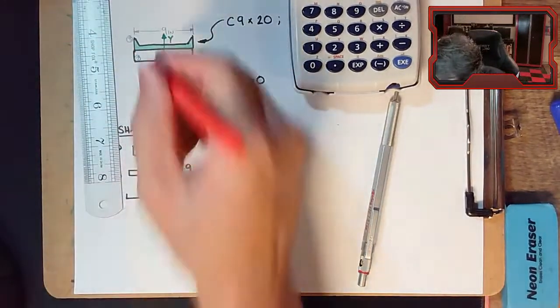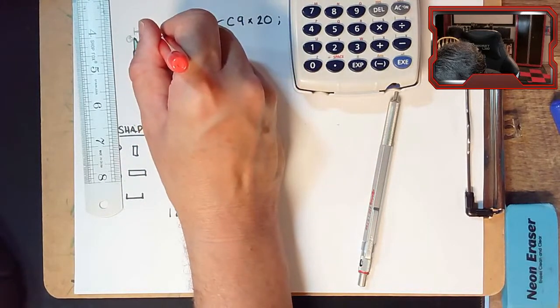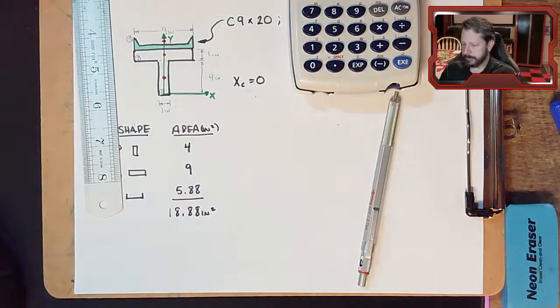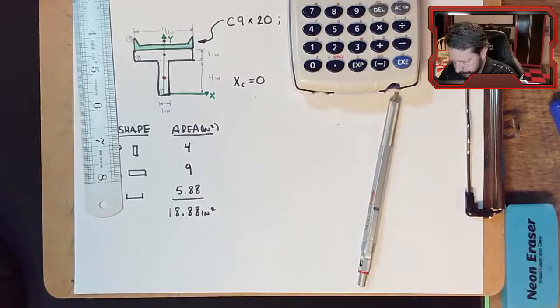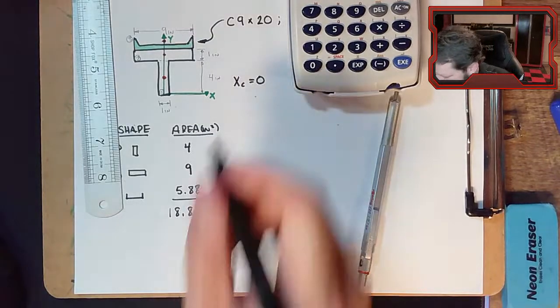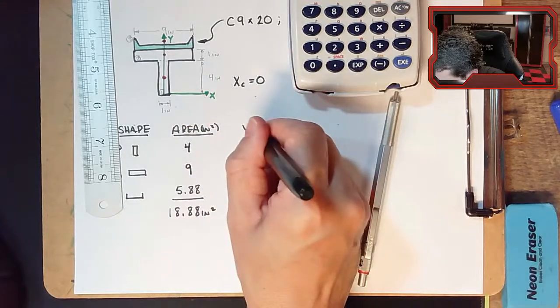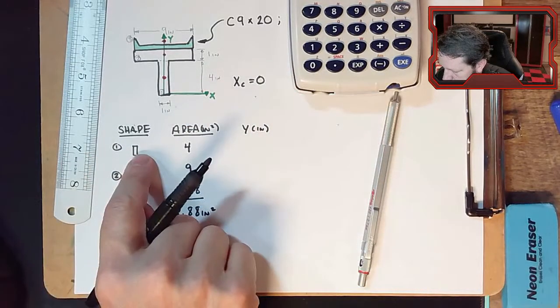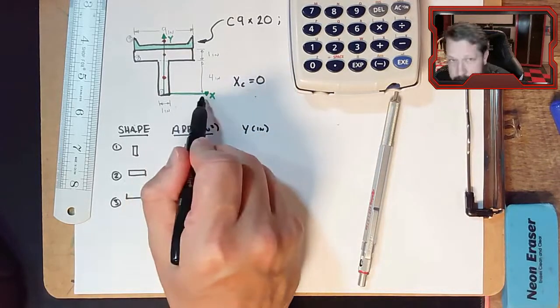So part 1 is here, part 2 is here. Part 3 is one of those where it actually floats kind of in midair above the channel. So x, or no, this is y. Y for part 1 is the stem. It has a y of 2. I'm measuring everything from this bottom reference axis down here.